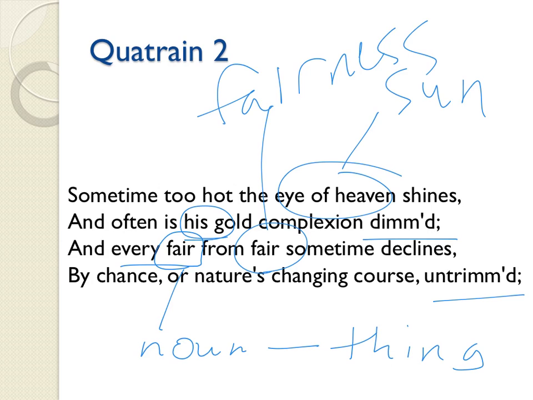So here he's finding another problem with the natural world, and another reason that it's an inadequate comparison is that fair things often become unfair, or less than fair, or ugly. Now, of course, you might be thinking this is true of humans too, but we'll see why his lover might be an exception to that rule in a moment.